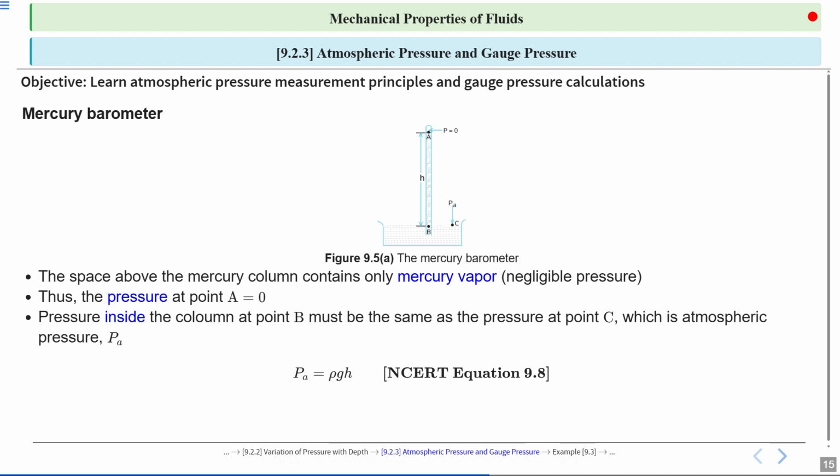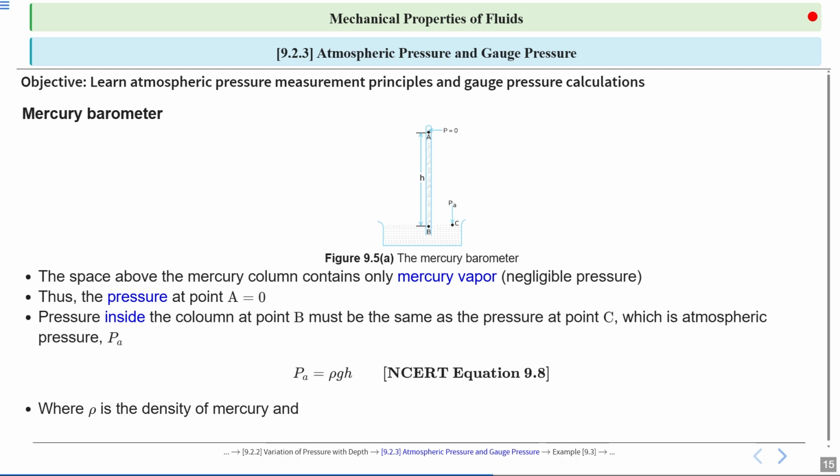The atmospheric pressure, denoted as PA, is given by the equation PA = ρgh. This equation is very important. Here ρ represents the density of mercury, g is the acceleration due to gravity, and h is the height of the mercury column.